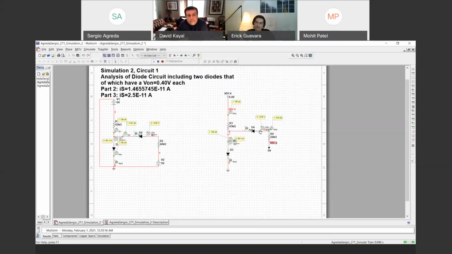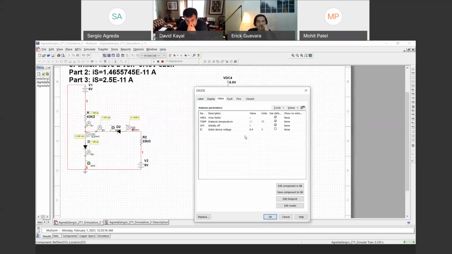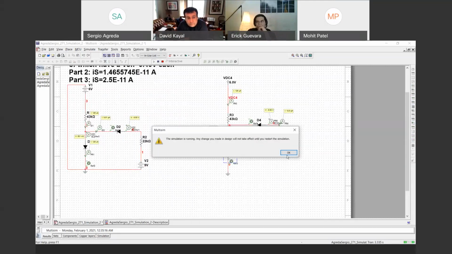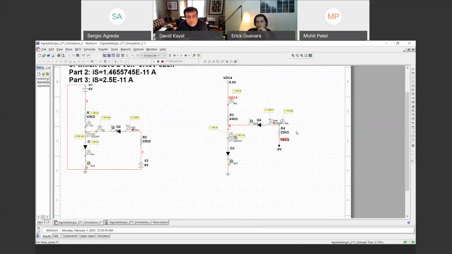And we will be able to see now the behavior of the circuit. Similar to how it's done on the left, same behavior, right? We have a voltage drop of 0.6 volts and a current of 126 milliamps. Even though we have it set to have this voltage drop of 0.4, diodes behave differently because of nonlinear behavior.